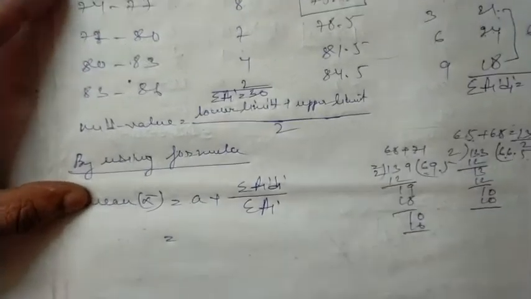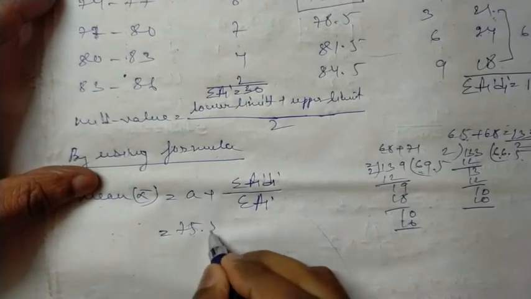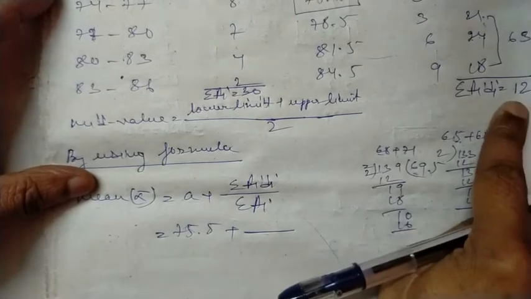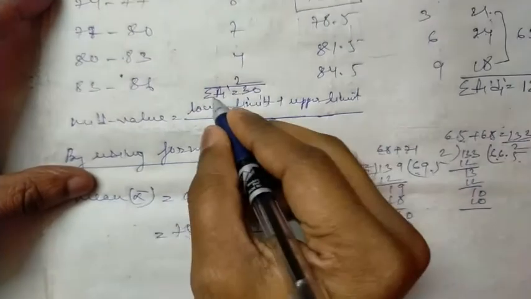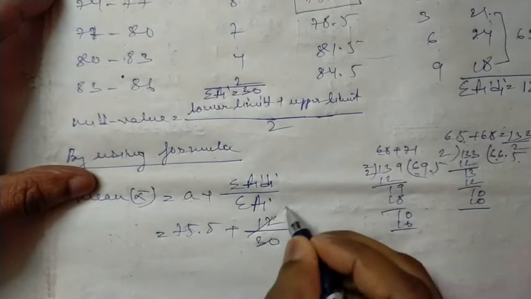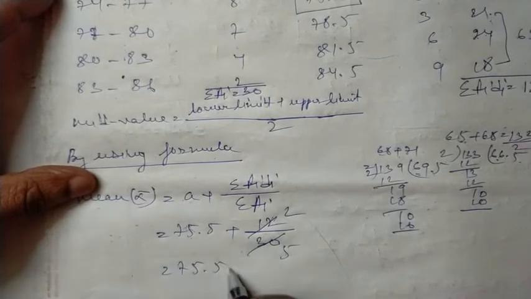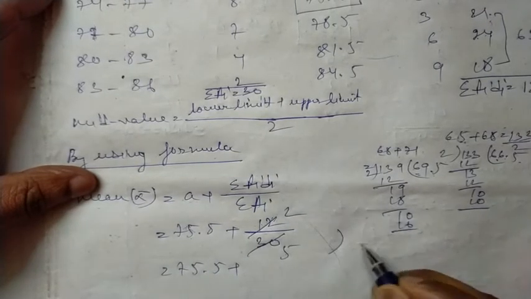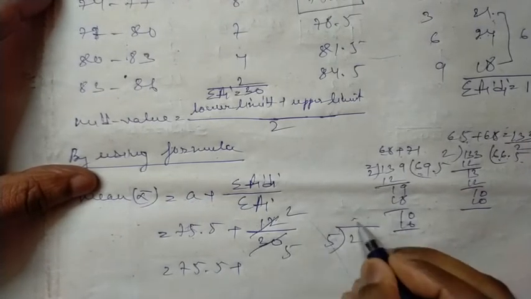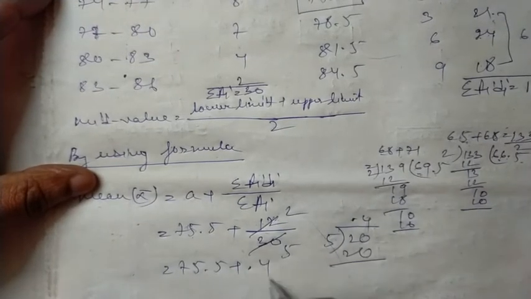So as we know, the assumed mean we have taken is 75.5, plus Σfidi is 12, which we have calculated already, and Σfi is 30. We can cancel this: 6 twos are 12, 6 fives are 30. So 2 by 5, we cannot divide, so we'll give a decimal. 0 5 4 is 20, so 0.4.